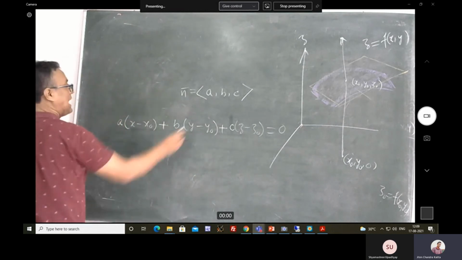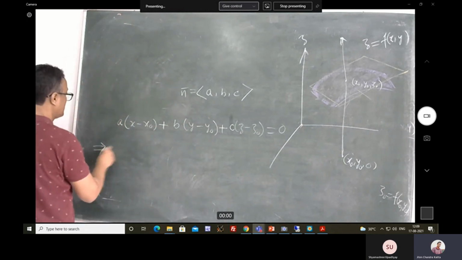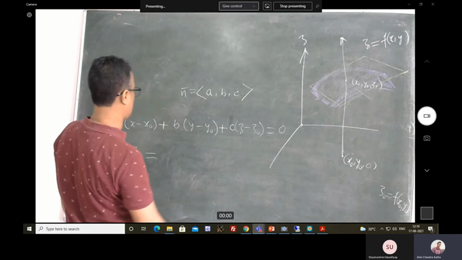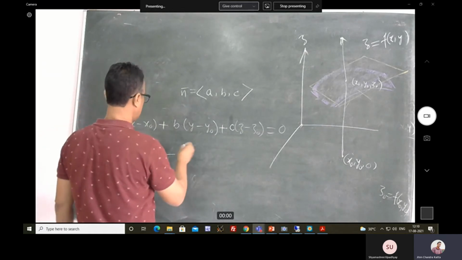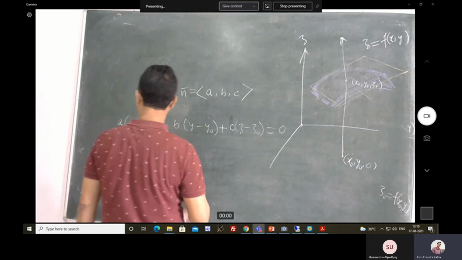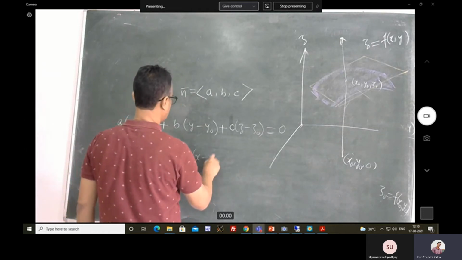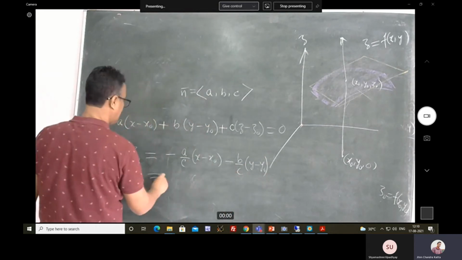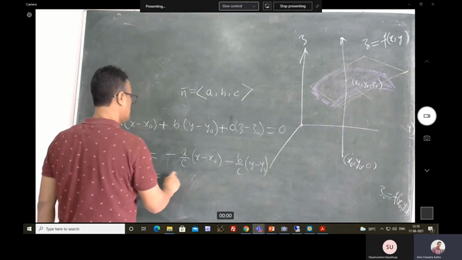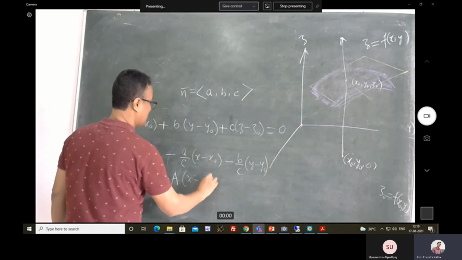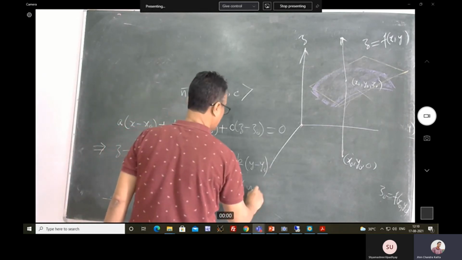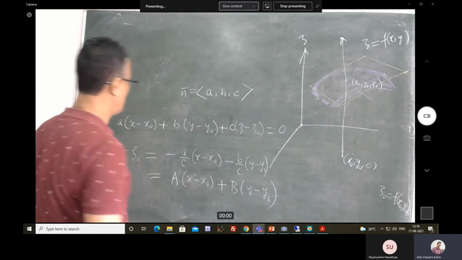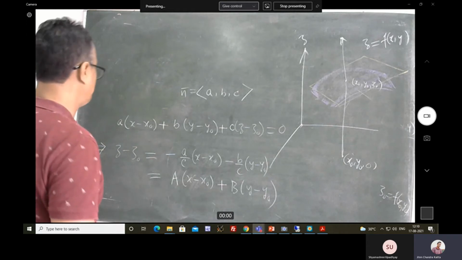Now I can modify this as z minus z naught equal to, of course C is not equal to 0, capital A times x minus x naught plus capital B times y minus y naught.